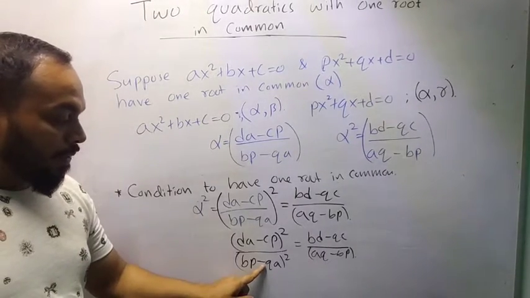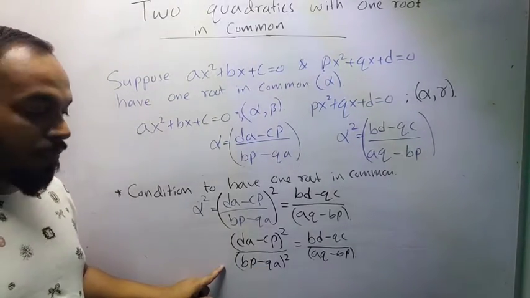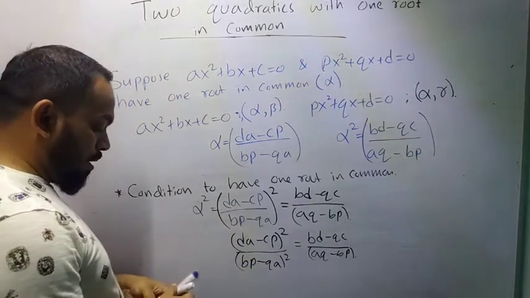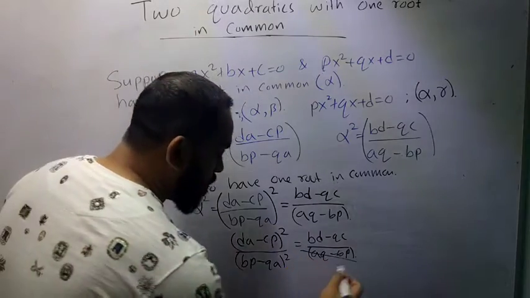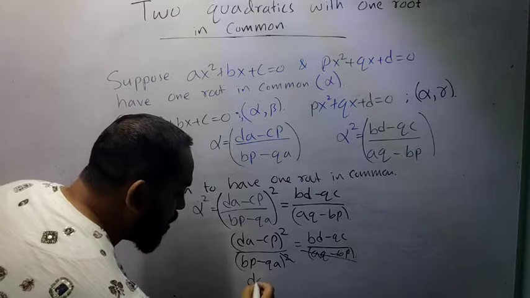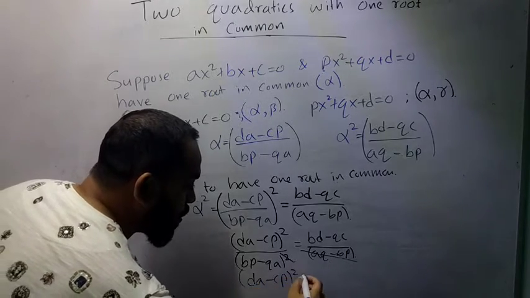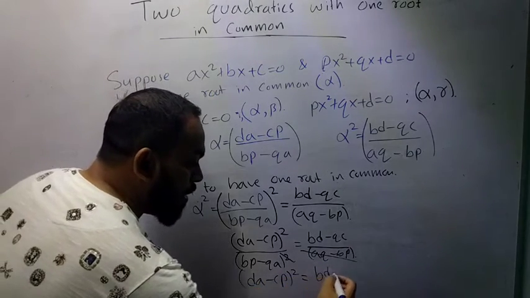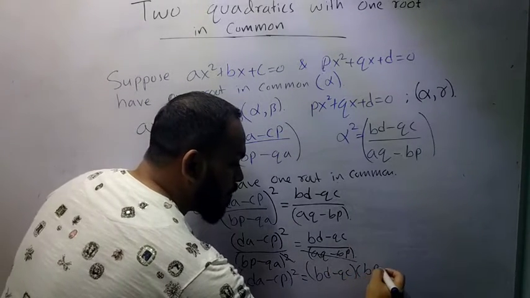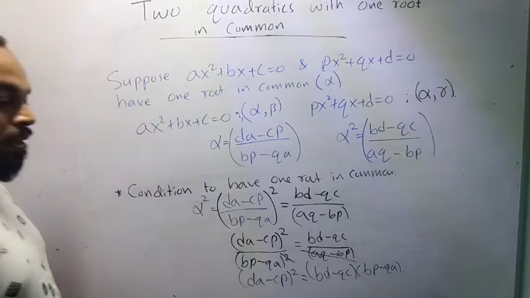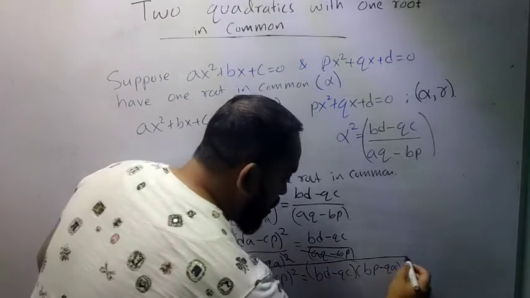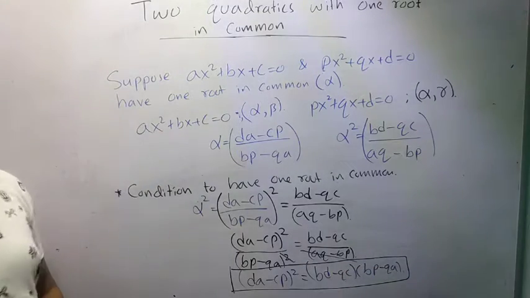I can factor out a negative sign out of this one. Even if I do it, since this is a square, nothing will happen, right? So I can get rid of one of these. I can write then, dA minus Cp squared must be equal to Bd minus Qc into Bp minus Qa. This is the condition that has to be met to have one root in common.